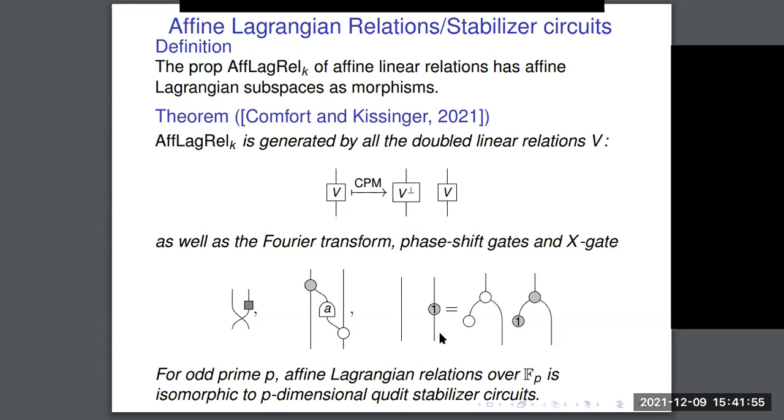When you say antipode, is this the antipode of a particular Hopf algebra or something? Or is this antipode more in a more general sense? It's the antipode between this black and the white one. Okay, right. So if you interpret this as copying and this as addition mod p, then this is -1 or p - 1.